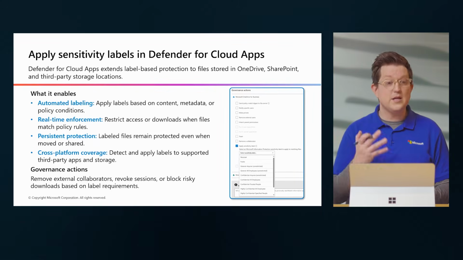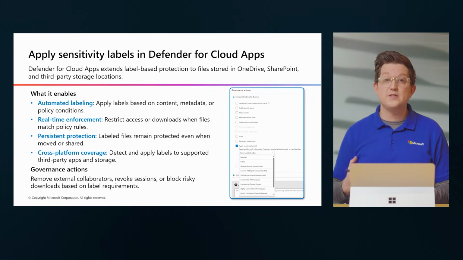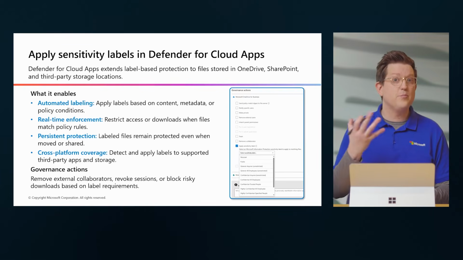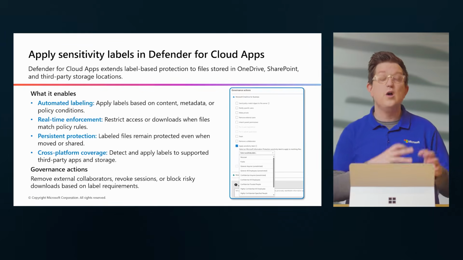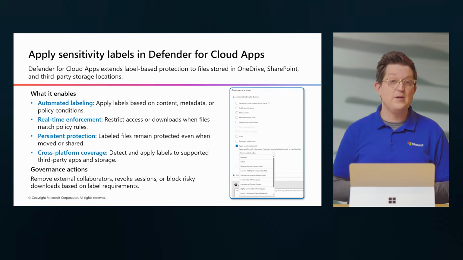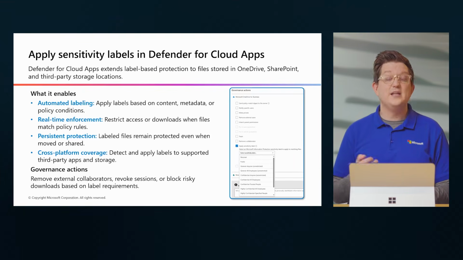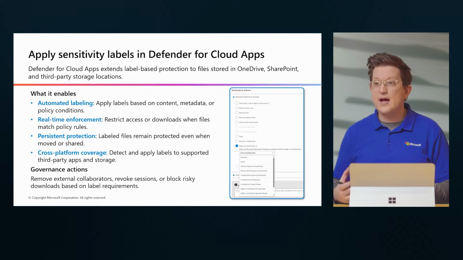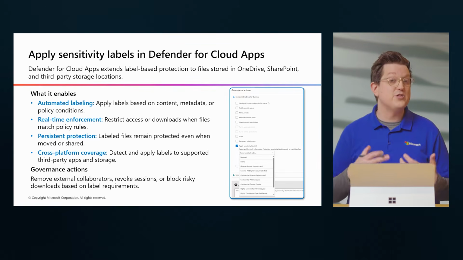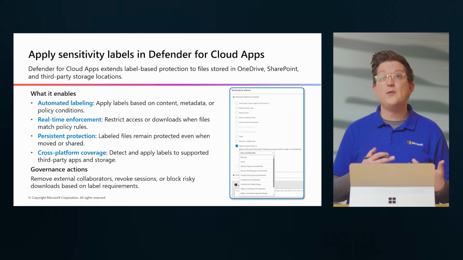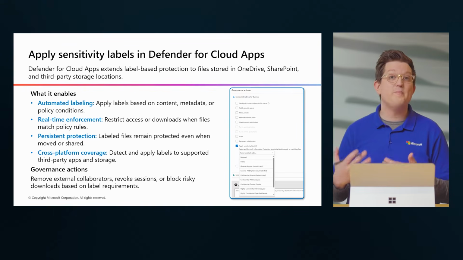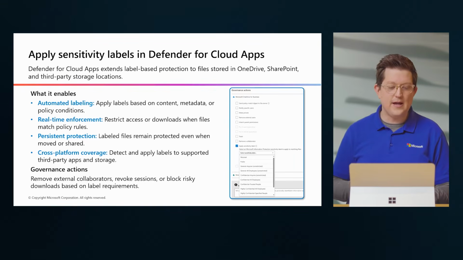What we can do is apply a Defender for Cloud Apps policy and integrate in with things like the browser extension capabilities or within the endpoint capabilities that we have within Defender for Cloud Apps and start to look for real-time enforcement. As files or pieces of sensitive information move around, we can apply labels and then change the enforcement based on the label that we need to apply.